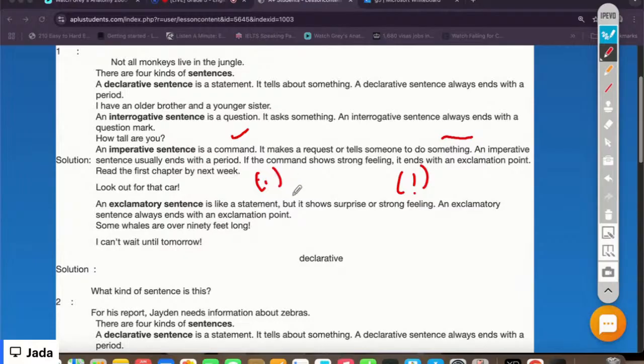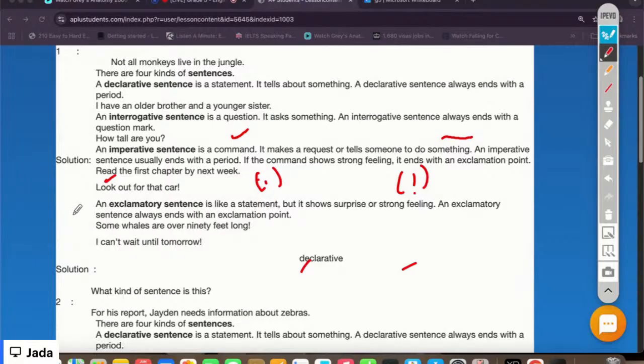Usually it will end with a period, just like saying, read the first chapter by next week, or I'm saying, come home right now. But if you're showing a strong feeling, like shouting or expressing how angry you are, then it will end with an exclamation point, just like saying, look out for that car!